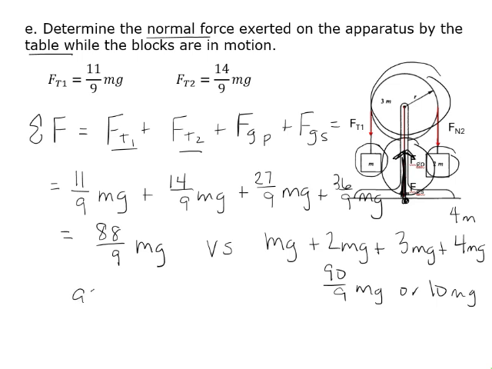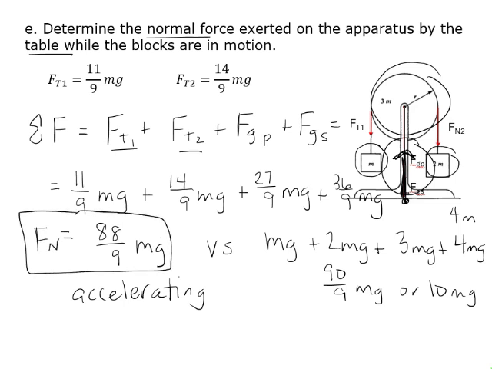But because the object is accelerating, we can't use the entirety of the force of gravity for each of our components. You can see that we're missing 2/9 mg due to the acceleration, and our normal force ends up being this instead of 10 mg.